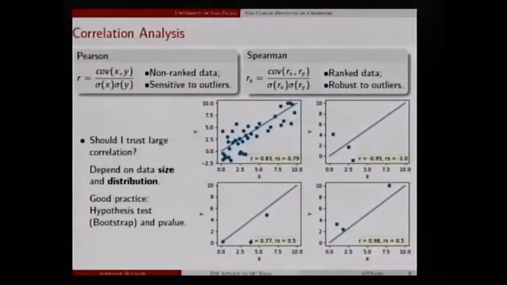You could ask if you should trust the correlations, and the answer is that it depends on the size of the data and its distribution. Here I present 4 examples. I created this data from the same function, but here I present 40 points. In the other cases, I present just 3. In the first one, we can see that the correlation is what we can expect, a positive correlation with a value close to 0.8.